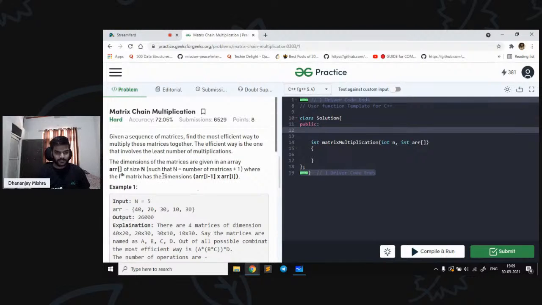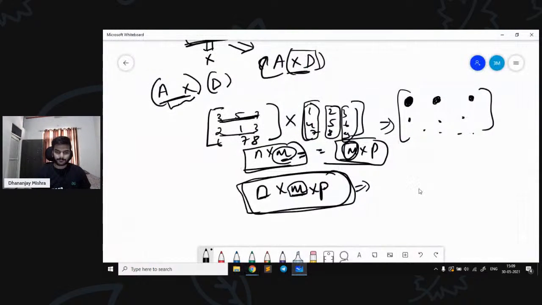What they have said is that the dimensions of the matrices are given in an array of size n, such that n is equal to the number of matrices plus 1. So we'll be coming back to this point later on. What does it mean? The ith matrix has the dimension array[i-1] into array[i]. So if I pick this array, and denote all the matrices they are forming.